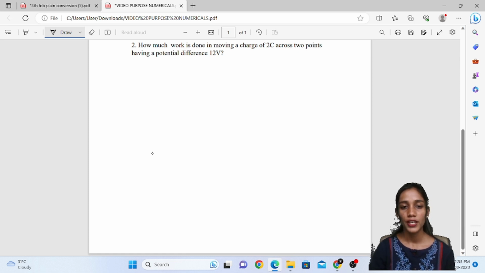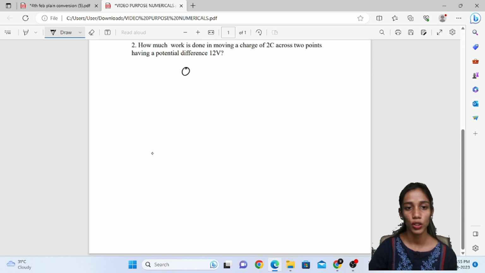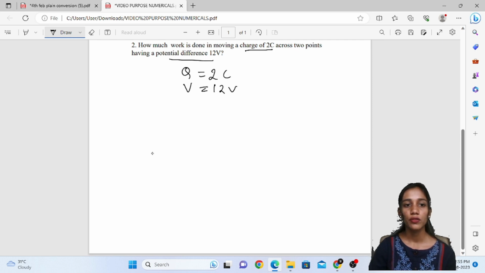As I have already said, we need to first pay attention to what is already given. Here the quantities which are given are charge Q, which is 2 coulombs, and the potential difference V, which is 12 volts. We need to find out how much work, so we need to find the work, W.